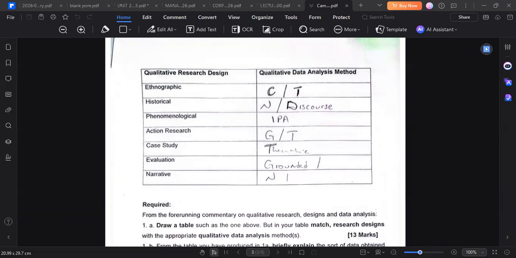Okay, so under ethnographic research, we said we are using thematic and content analysis. It focuses on you identifying the patterns and behaviors in these social interactions, where data is collected from the field and grouped into themes. Historical analysis here is mainly narrative and discourse analysis.